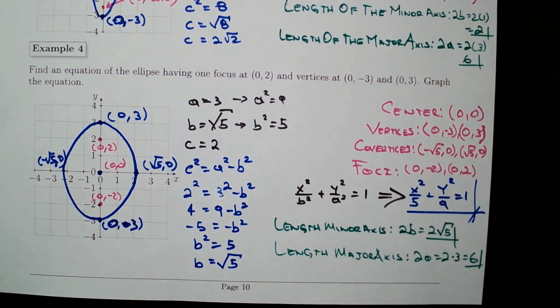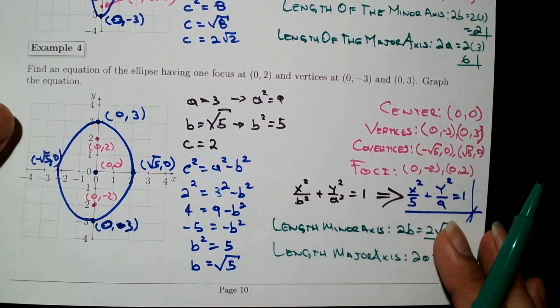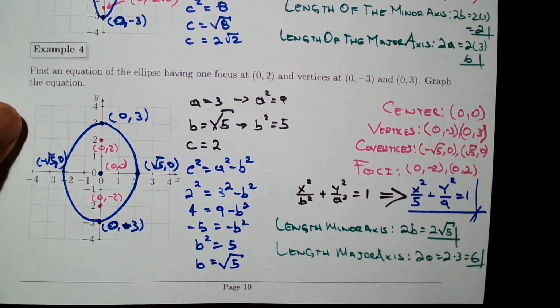All right. It's important to know because more often than not, exercises will give you information about the length of the major axis and minor axis, rather than the points. All right, so let's look at the next example.